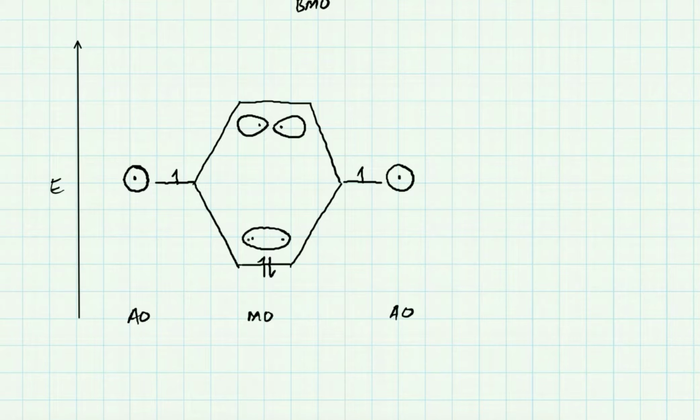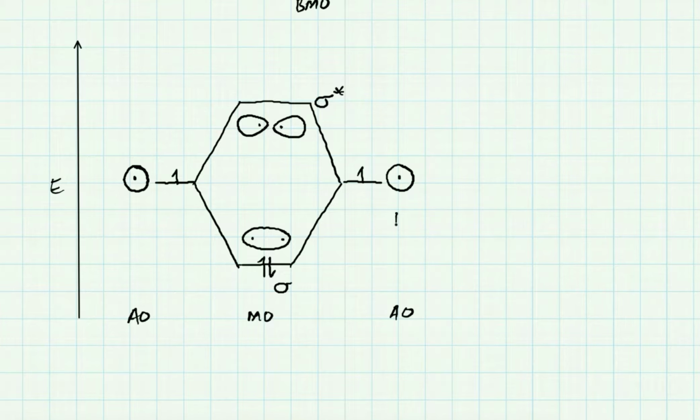So this kind of electron density, its symmetry is said to be sigma symmetry. So this orbital will be called a sigma orbital. And the corresponding high energy orbital is called the sigma star orbital.